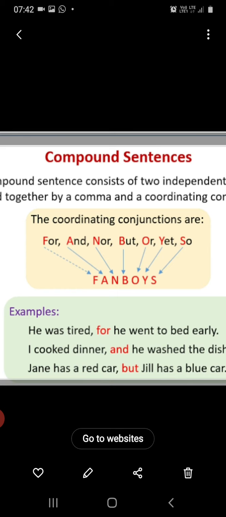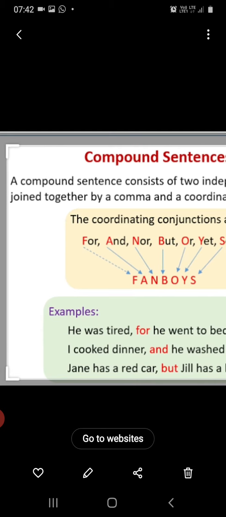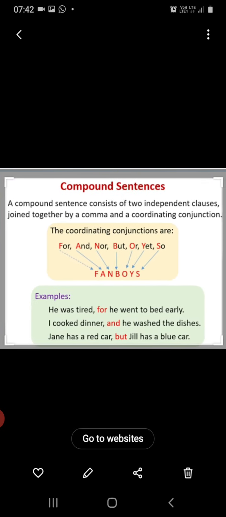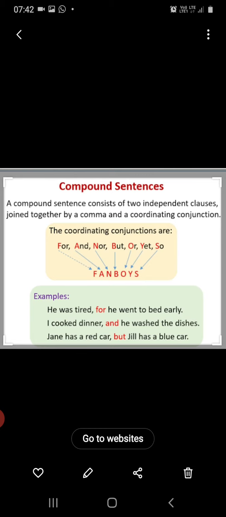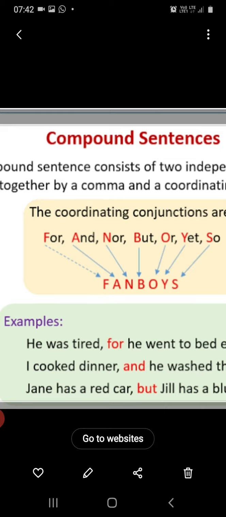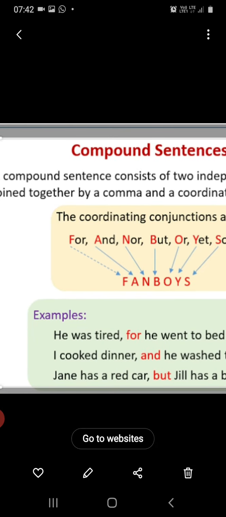F denotes for, A and, N nor, B but, O or, Y yet, S so. So a compound sentence consists of two independent clauses joined together by a comma and a coordinating conjunction. These are the coordinating conjunctions.